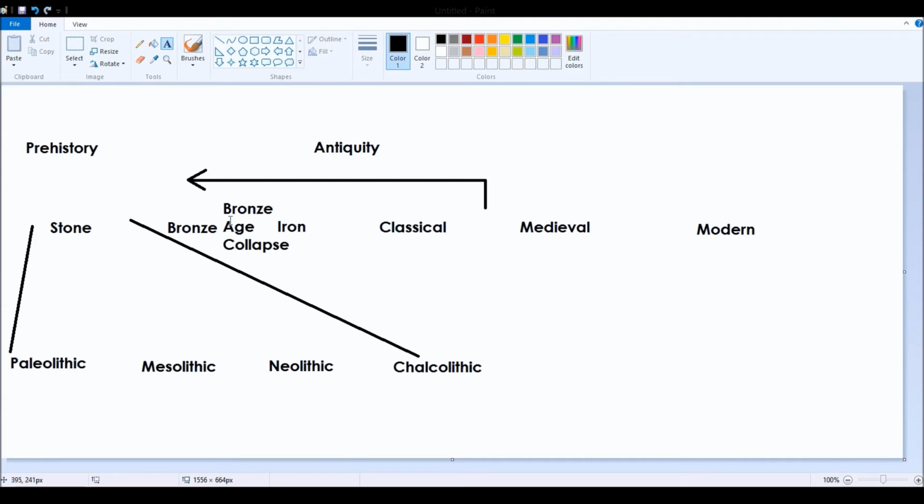But that's generally the transition from the Bronze Age to the Iron Age. Iron to classical, again, as I said earlier, it's really an arbitrary thing. You can put it maybe at 500 BC, 600 BC, 400 BC. It's not actually that important.